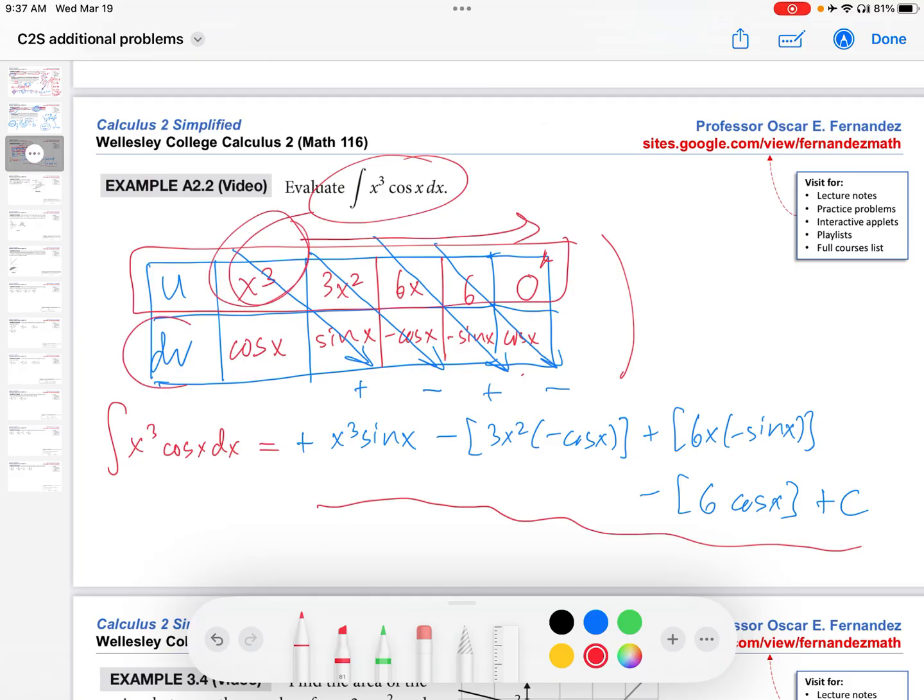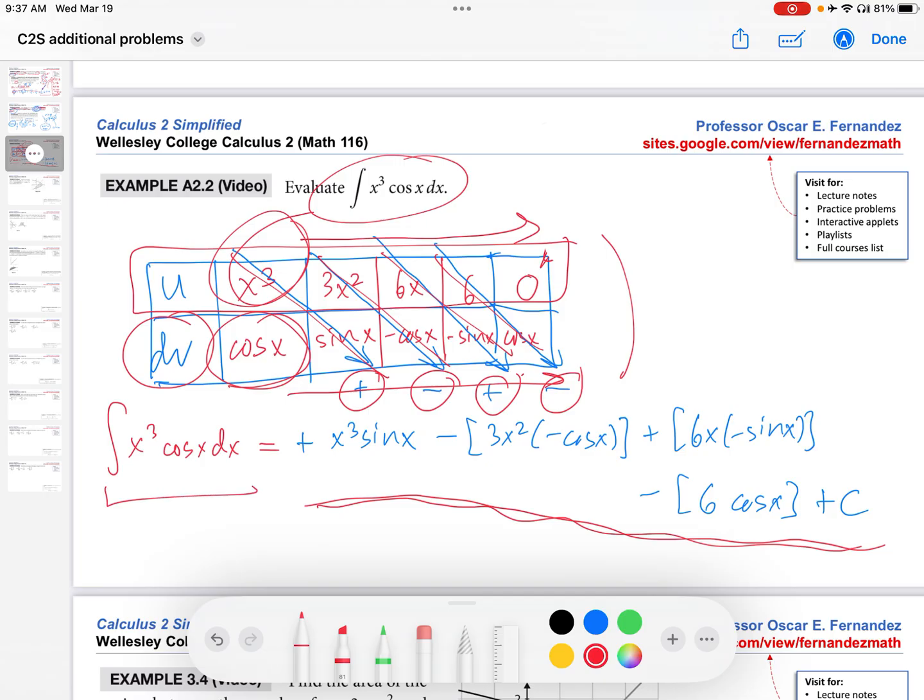The second row is the dv that was left over by your u choice, and then just integrate. Then you start doing these diagonal products, starting with plus and then alternating the sign, and writing out what those products are. And that, by a theorem that I discussed in the book, gives you the same answer as potentially having to do integration by parts multiple times.